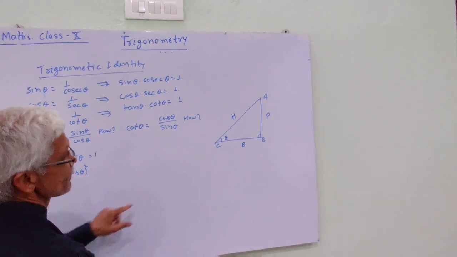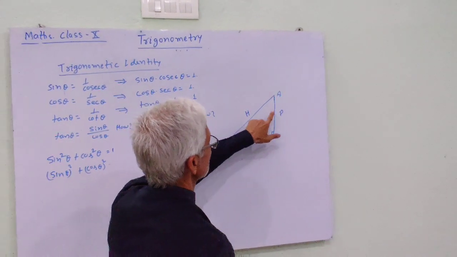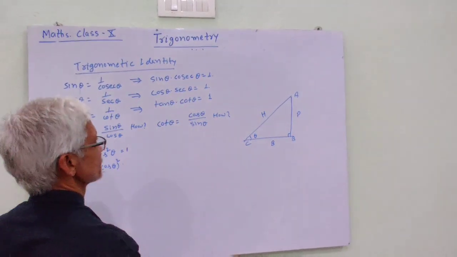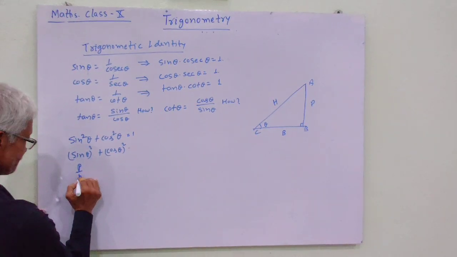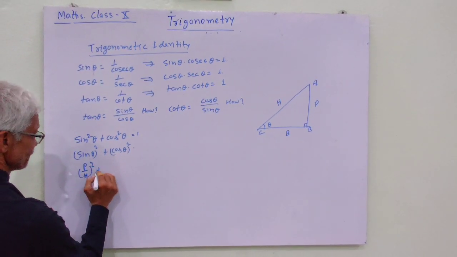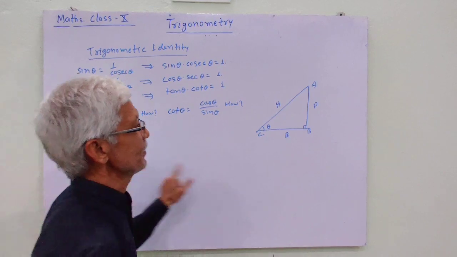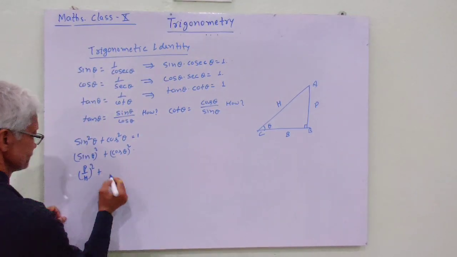Sin theta is perpendicular upon hypotenuse, P upon H, whole square, plus cos theta, base upon hypotenuse, whole square.